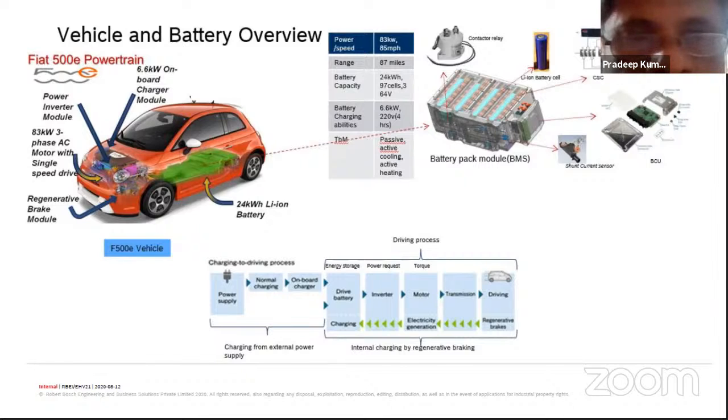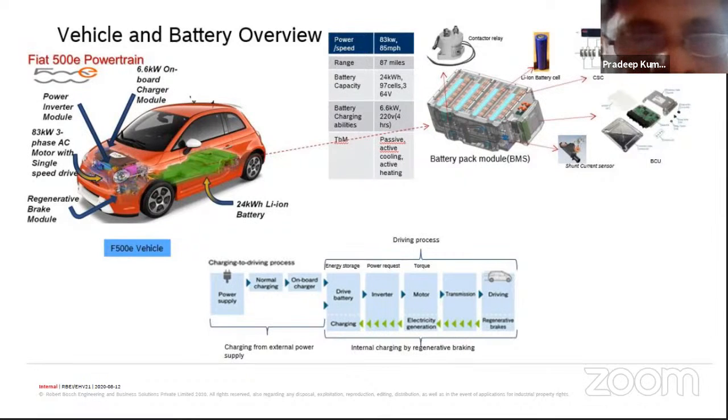It cannot be a small concentrated weight. It needs to be distributed so that the center of gravity of the vehicle remains in the same place as without the battery, so that the overall vehicle stability is established. That is why it is a little bit longer with less thickness and distributed over the bottom portion of the car.